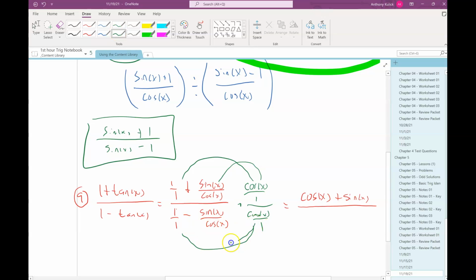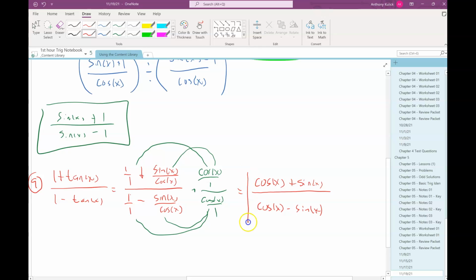I get a cosine, and then the cosines cancel, and I'm left with just minus sine. And that's probably, I think, as good as we can do there. Does that feel okay?